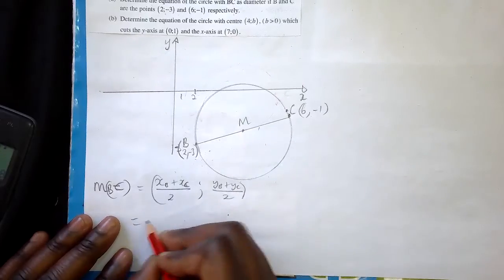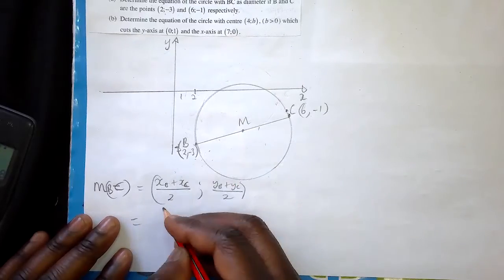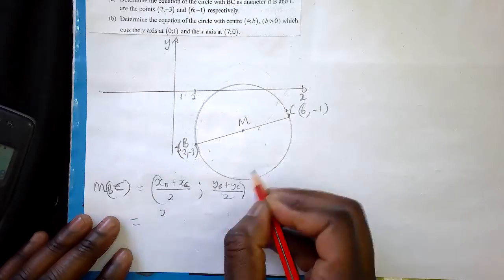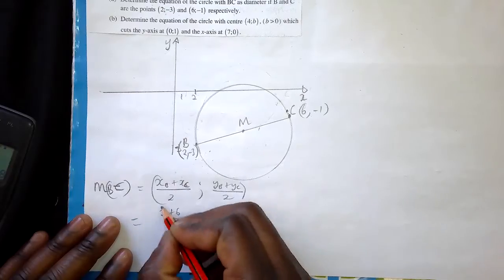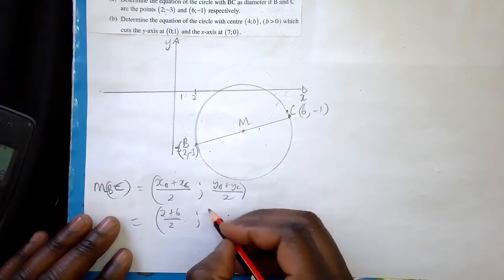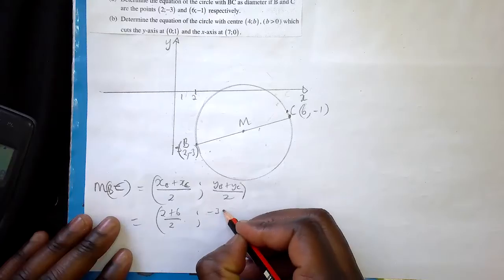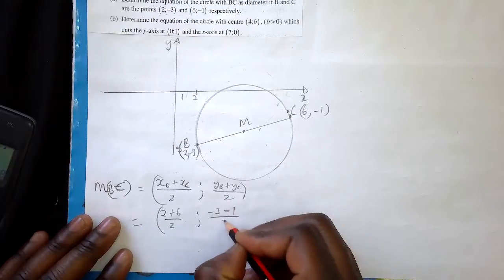So what do we do now? In terms of values, it is (2 plus 6) over 2, then (negative 3, negative 1) over 2.